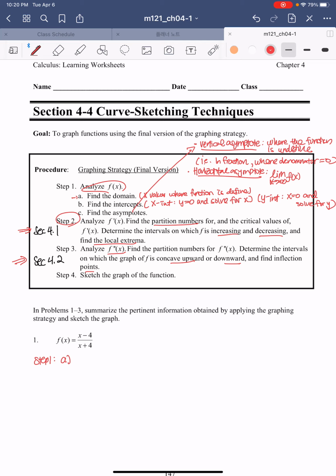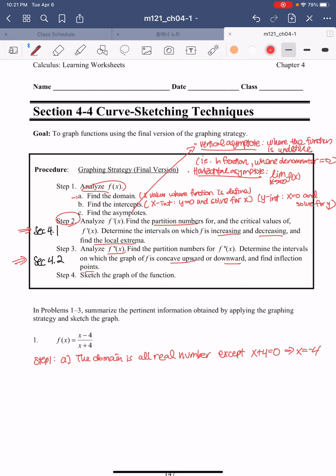The domain is all real numbers except when the denominator equals 0, which is x equals negative 4.